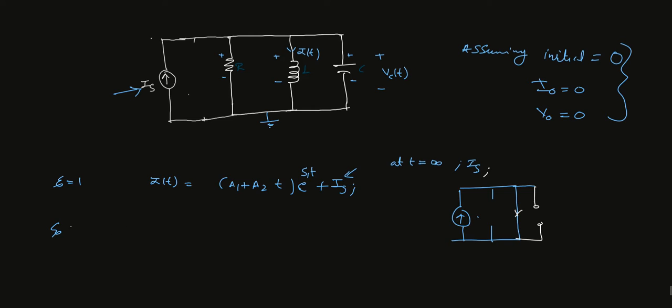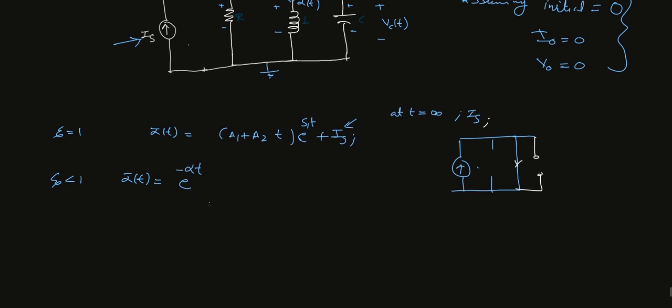For zeta less than 1, an underdamped system, i(t) will be the same equation: a1 cos omega_d t plus a2 sin omega_d t plus the final current of the inductor Is.